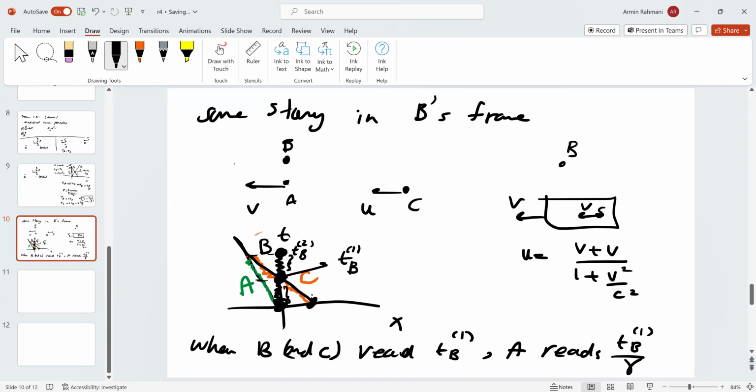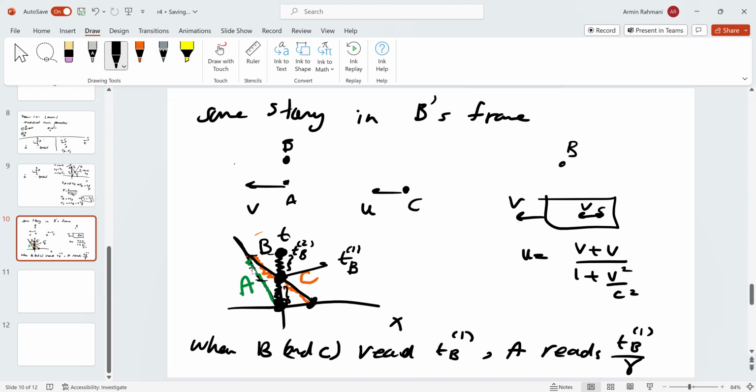Okay. So then we have to figure out what happens afterwards. As there's more progression of time by this TB2, how do clocks on A and C advance?